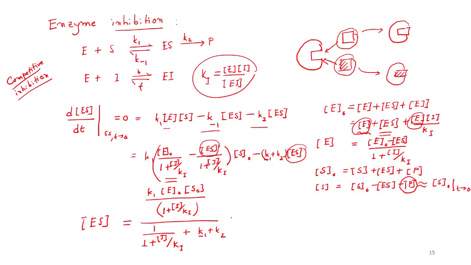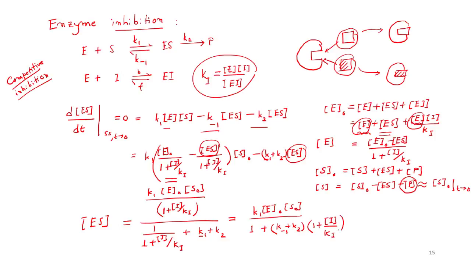So it will be nothing but K1 E0 into S0, and divided by, if I do that, the first term will be 1, and then I'll have K minus 1 plus K2 times this entire part, which is 1 plus I divided by Ki.